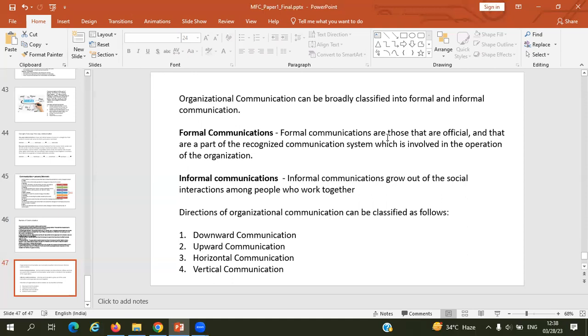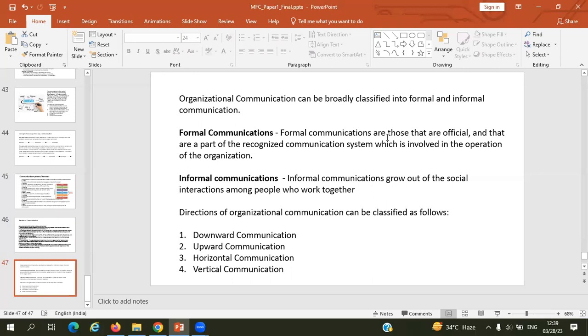Vertical communication is to a different level. It could be higher or lower. As the name goes, you understand, horizontal means same level, vertical means either top level or low level. So if the person is communicating vertically, that means either he is talking to a superior or to subordinates.